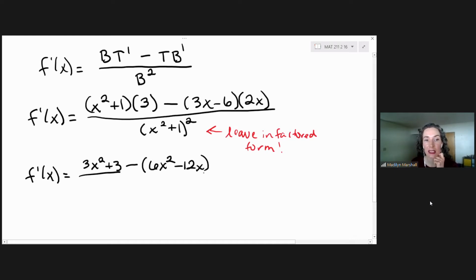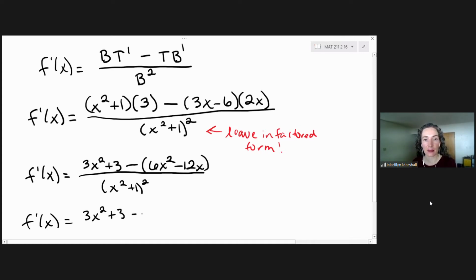But that minus sign is applying to everything that comes after it. So we do have to make sure that we don't just get rid of those parentheses when we distribute the 2x. We also have to deal with that minus. So on top we have 3x squared plus 3 minus 6x squared plus 12x.